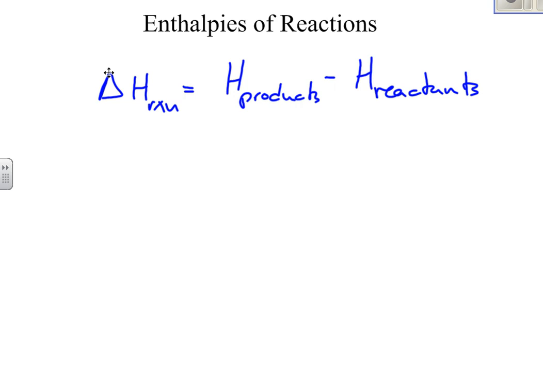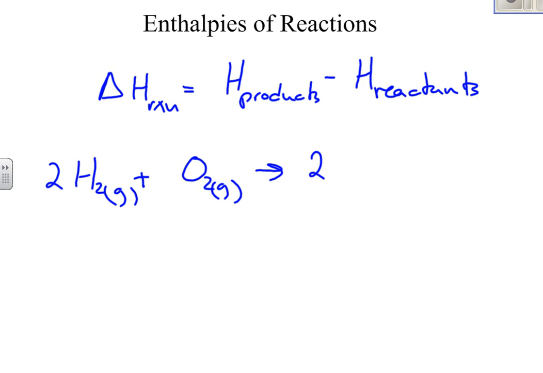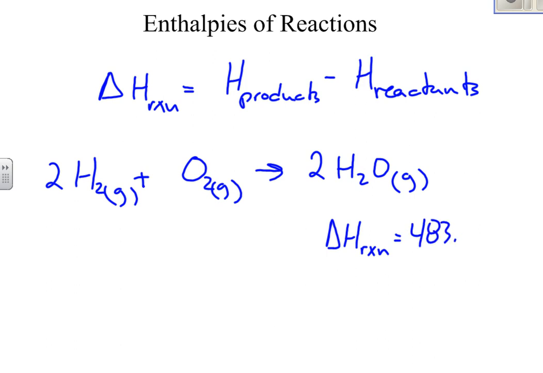So if we take, for example, the reaction of hydrogen gas with oxygen gas to produce water in the gaseous state, the delta H for this reaction is equal to negative 483.6 kilojoules.